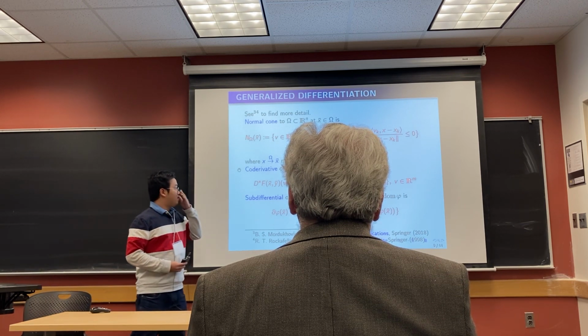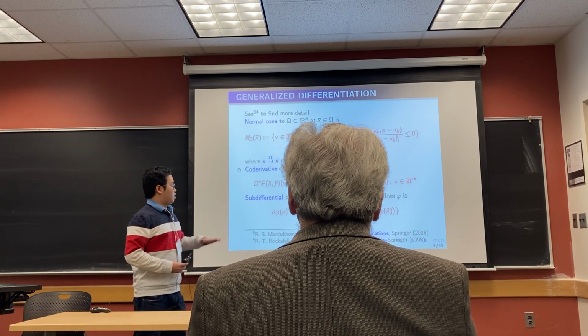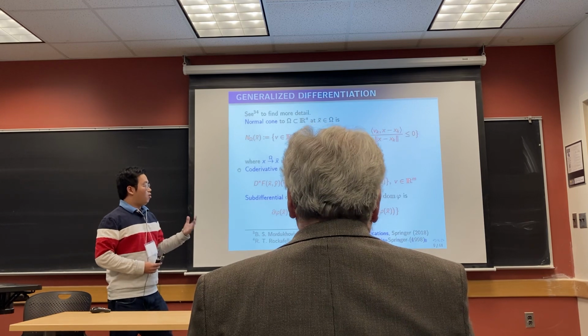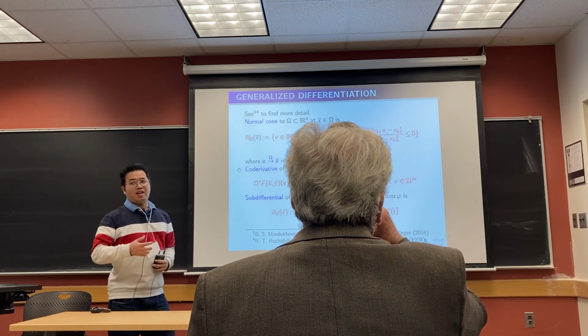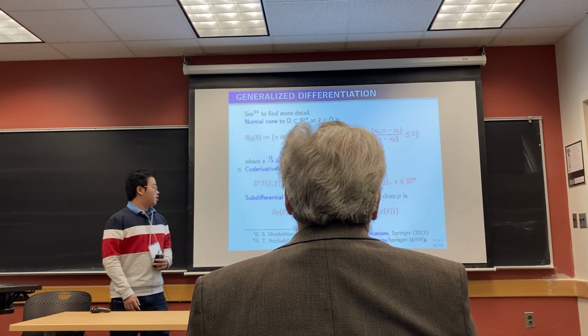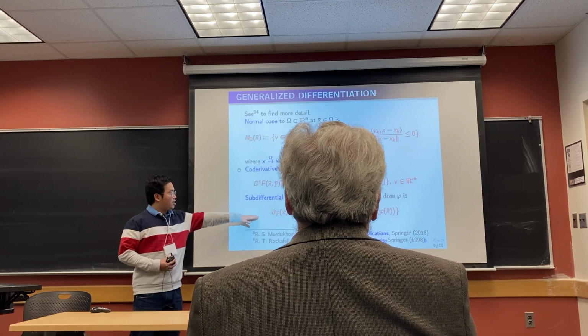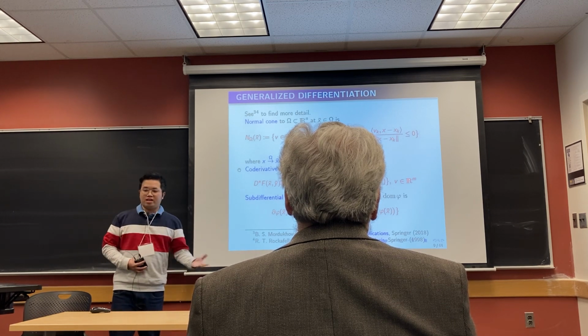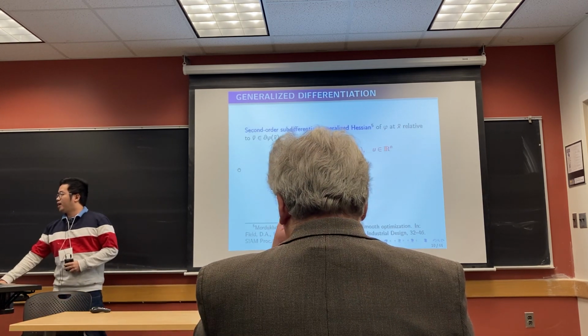The co-derivative is a generalization of the Jacobian. When f is C1 smooth, the co-derivative of f reduces to the transpose of the Jacobian, and when phi is C1 smooth, the subdifferential reduces to the gradient mapping.